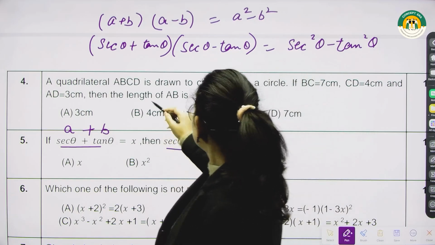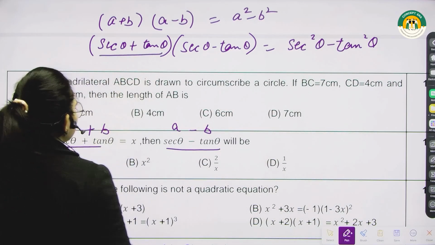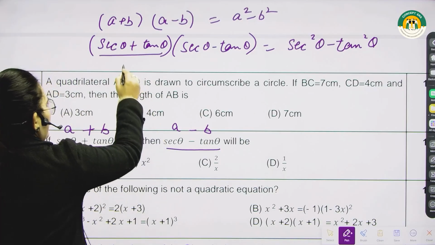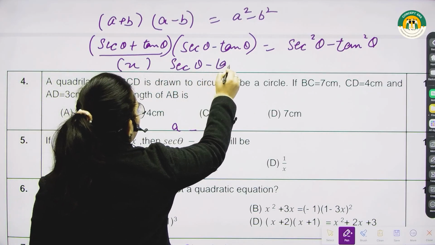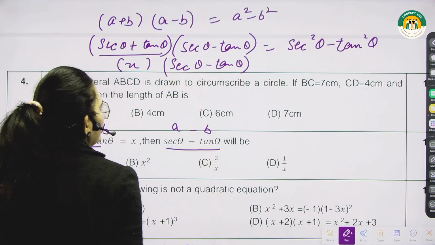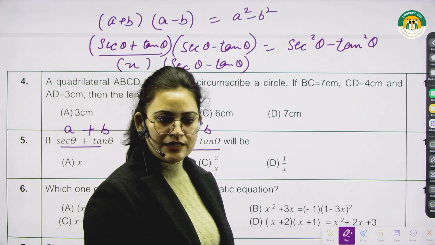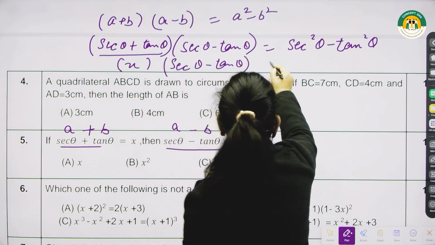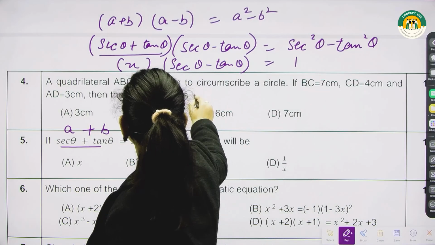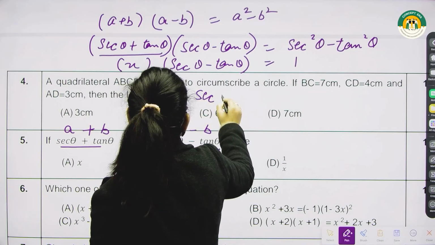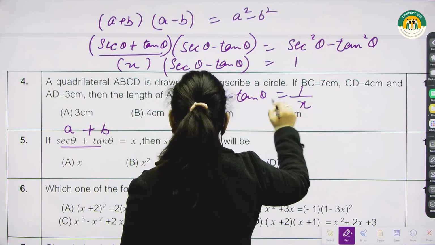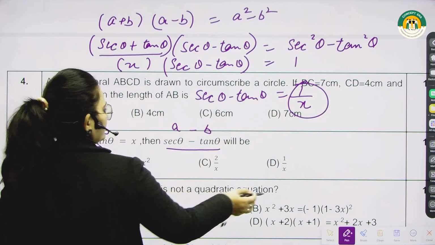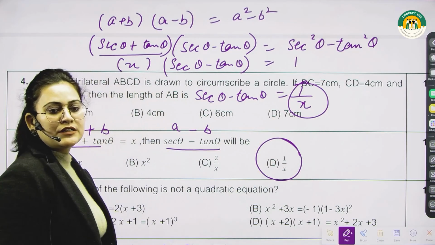Now it is given that secant theta plus tan theta is x, and here it is secant theta minus tan theta, and secant square theta minus tan square theta is equal to 1. So when we transpose, secant theta minus tan theta is equal to 1 upon x. So this is the value. Option D is the answer.